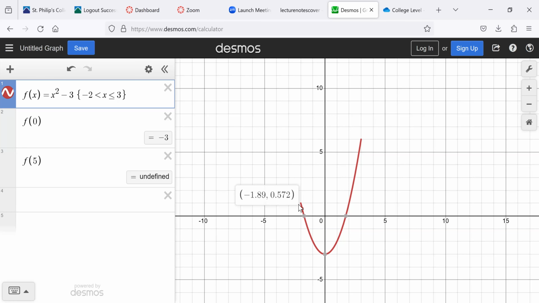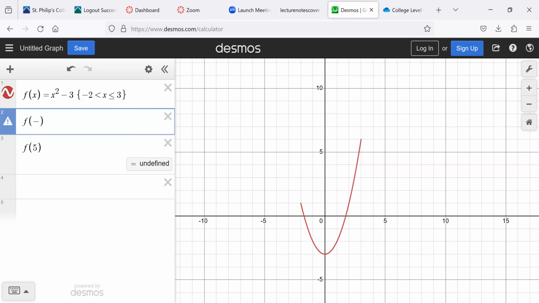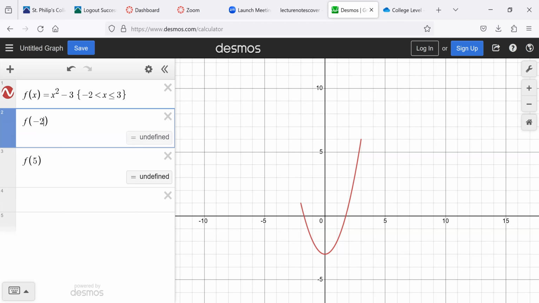At -2 it says undefined, it's open. At 3 it goes all the way until 6. If you try to plug in the lowest value, you're not supposed to because it's not equal to, but if you did, it will tell you right away.